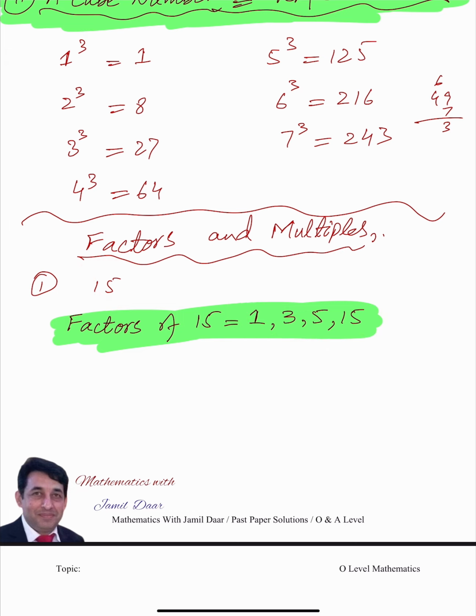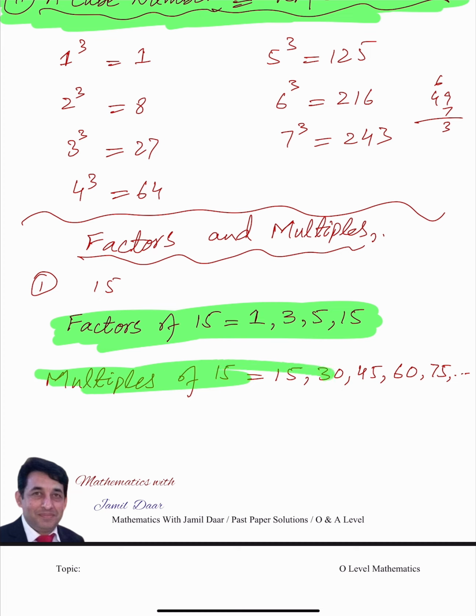If we have to write down the multiples of 15, all those numbers which come in the times table of 15 are called the multiples of 15. That means we have to write down the times table of 15. 15 ones are 15, 15 twos are 30, 15 threes are 45, 15 fours are 60, 15 fives are 75, and all that comes in the times table of 15 are called the multiples of 15.